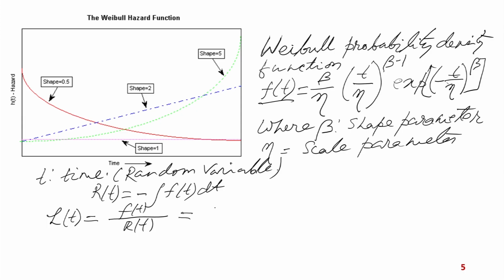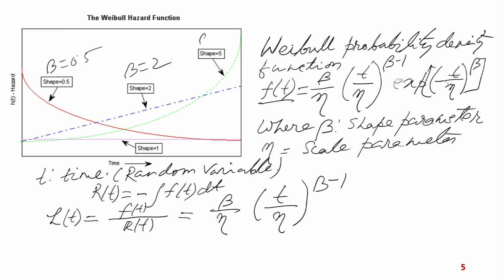Once you put all these expressions and take the integrations, this will be given by beta divided by eta, then t divided by eta to the power beta minus 1. Now, if you plot this h t as a function, depending on the values of the shape parameter beta, you will see that beta is equal to 0.5, beta is equal to 2, beta is equal to 5, and beta is equal to 1.